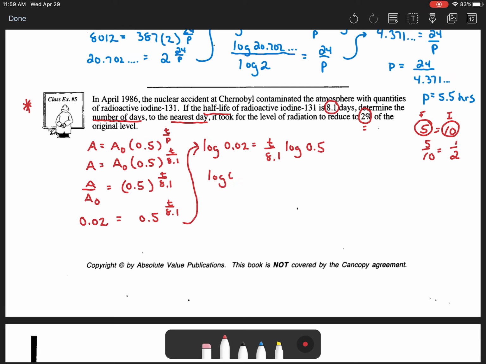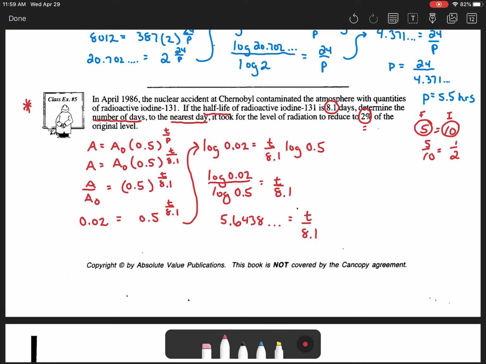I then divide both sides of the equation by the log from the right-hand side, which will leave me with T over 8.1. So I need to do this calculation of the log of 0.02 divided by the log of 0.5. So I get 5.6438, etc. I do not round that value yet.